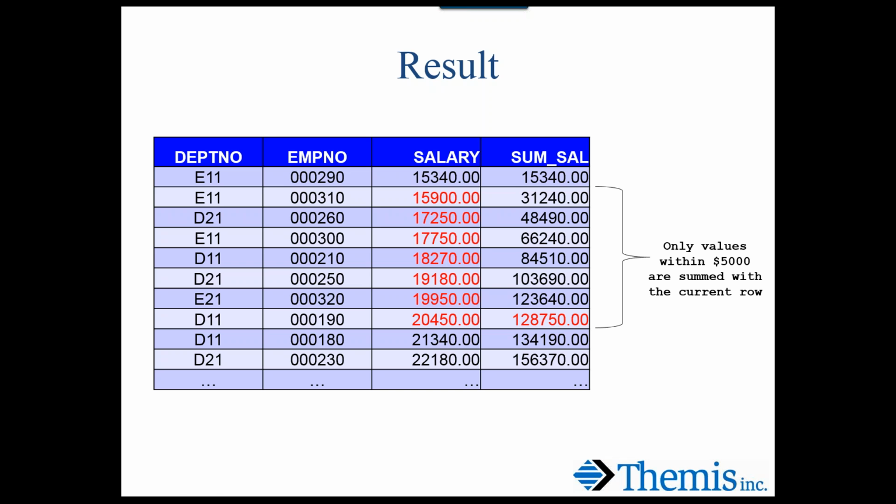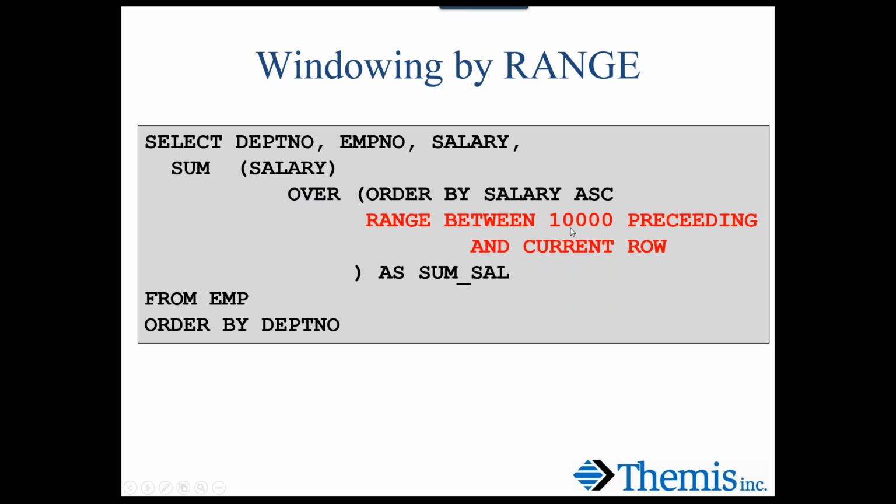So if you actually do the math on this one, that first employee number 190, third from the bottom, if you were to actually sum up the salaries preceding, only the red ones would be counted because those are the ones that are within, I'm sorry, 5,000 of his salary. Did I say 10,000? Yeah, I'm sorry, if you're looking at the handout at home, and I'll fix this on the website, this was actually, when I ran it for real, 5,000 instead of 10,000.